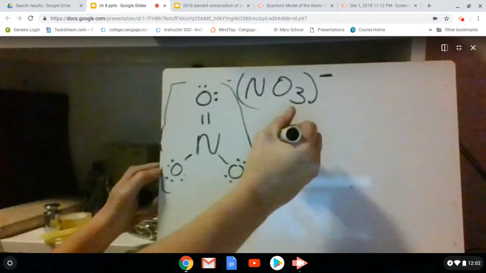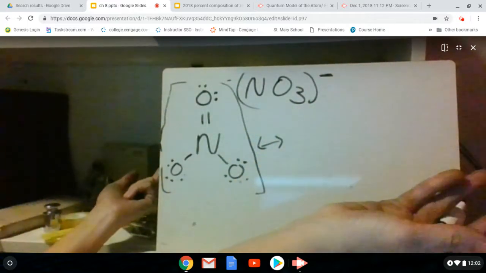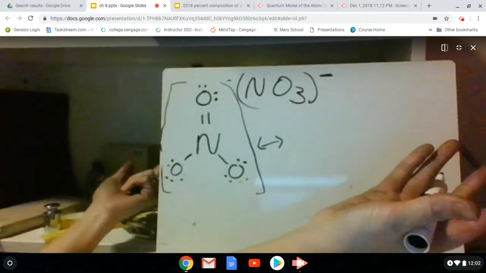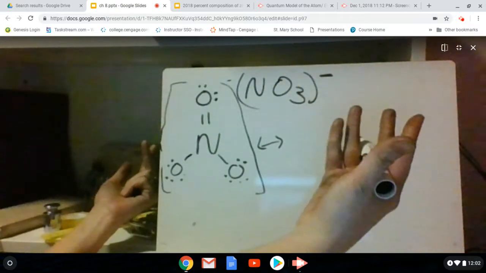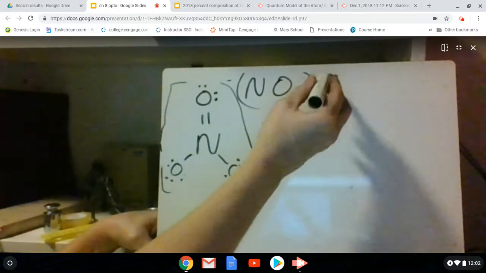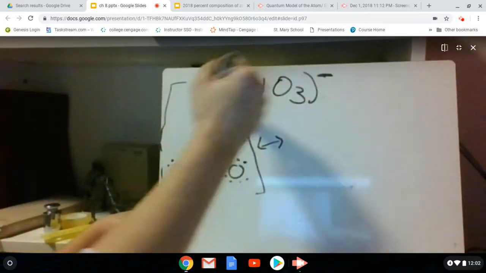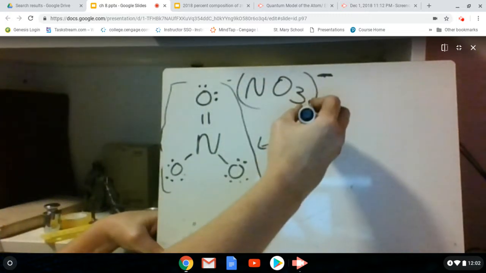A question that I get asked often is, where does that electron come from? It comes from the environment around. It comes from somebody giving or taking the electrons. And that electron is necessary to complete the octet to make it stable.